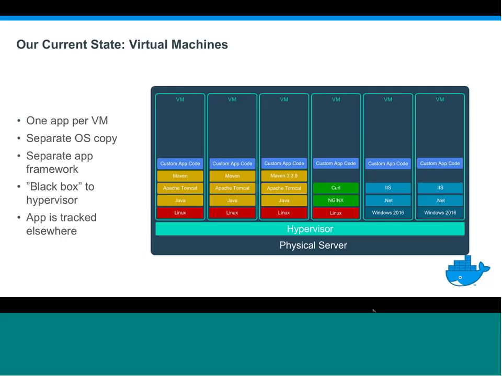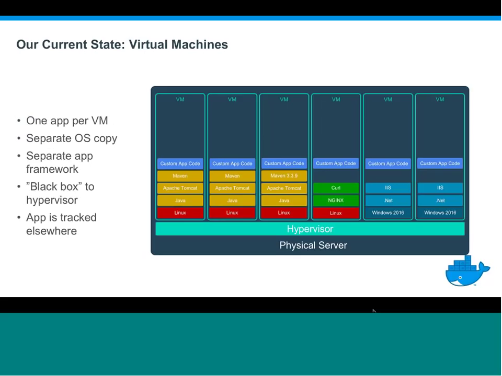So if you start with virtual machines, most of you know you install a hypervisor directly on top of a physical server, and then each VM, each of these columns, is a complete software stack with a separate operating system, separate packages and application stacks, separate copies of your code.